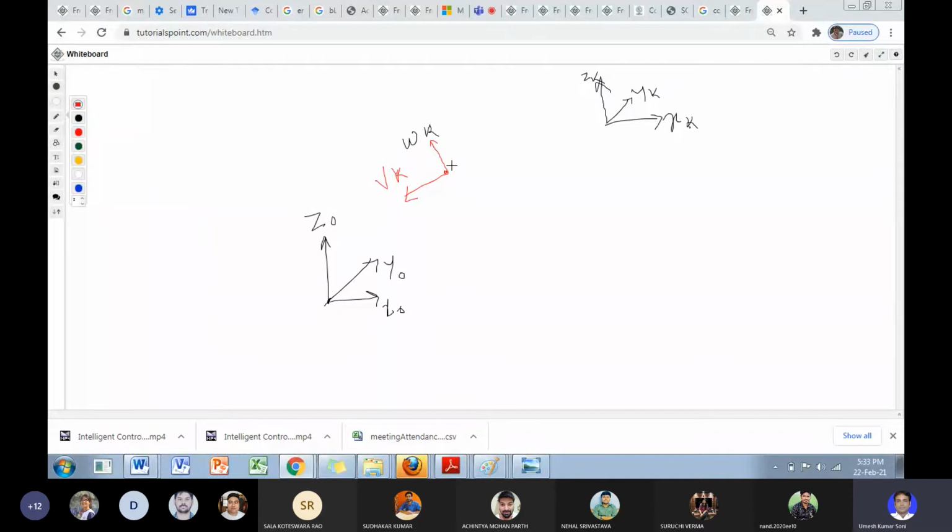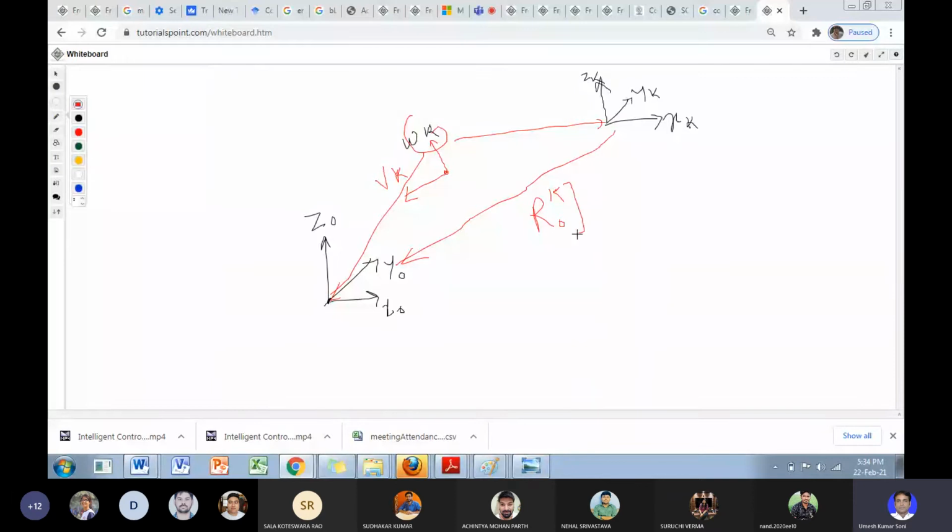So when this is represented according to this, and now we want to represent it according to this, suppose we have the orientation matrix R k0.